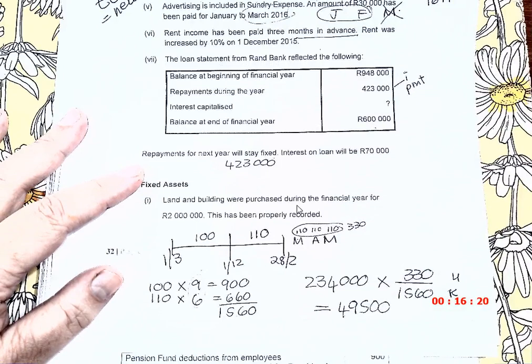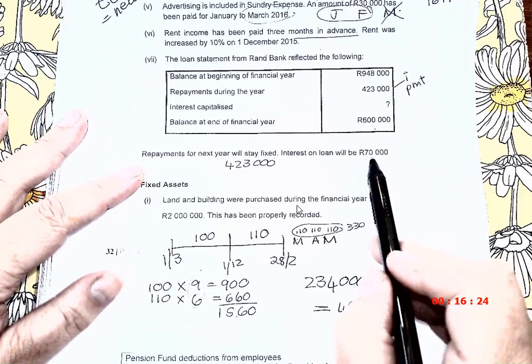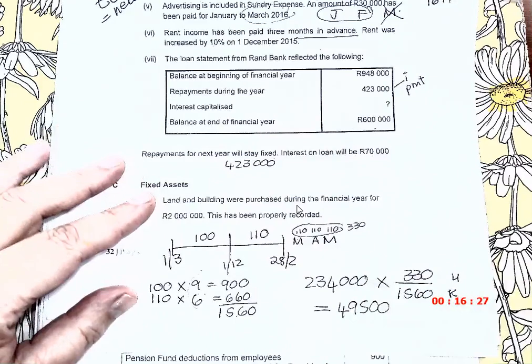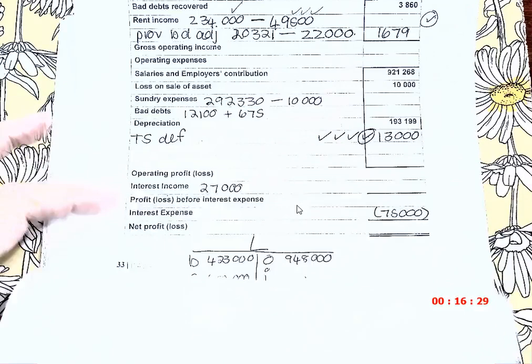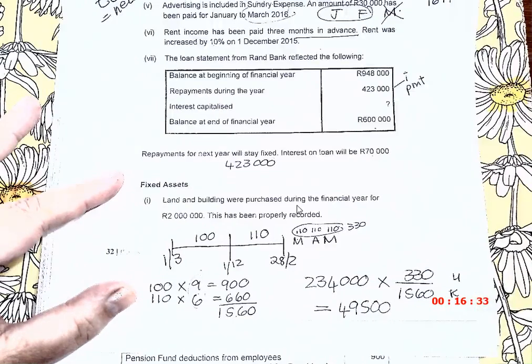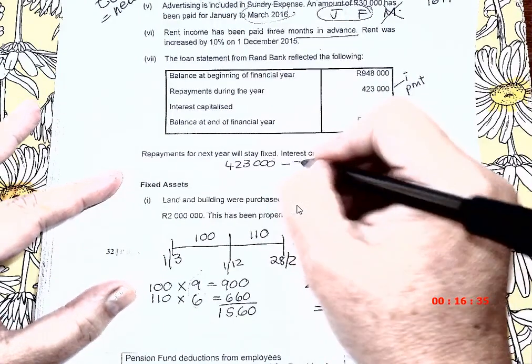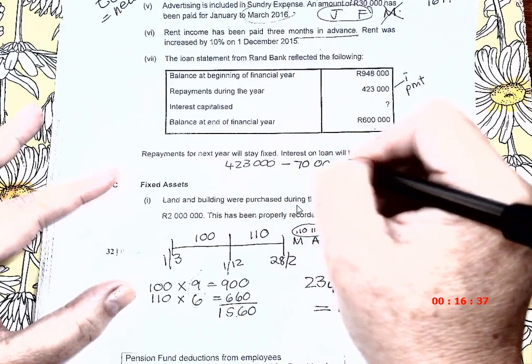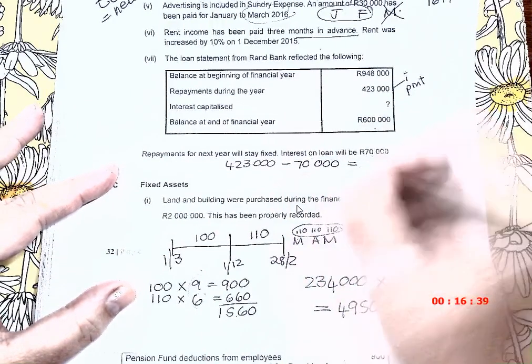So next year I will pay less interest. Can you see next year my interest is 70. What was my interest this year? 75. So can you see a bigger part of the payment will now go to paying off the loan. So my short-term loan would be that.